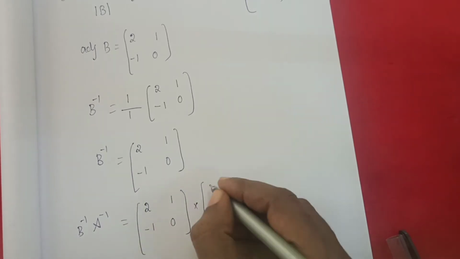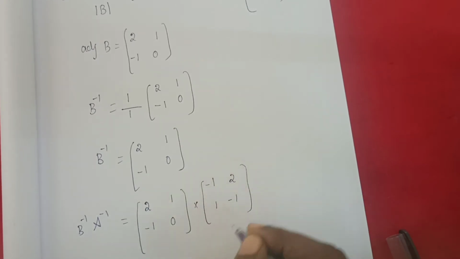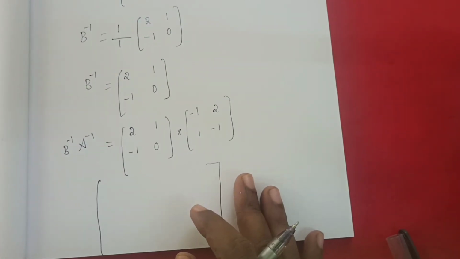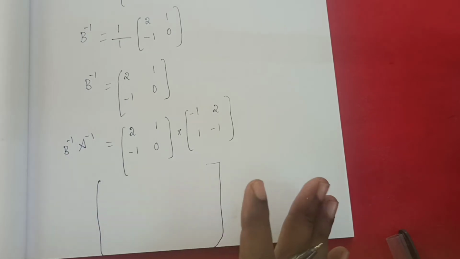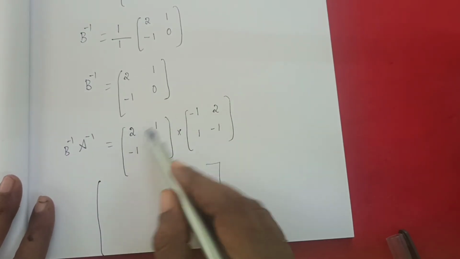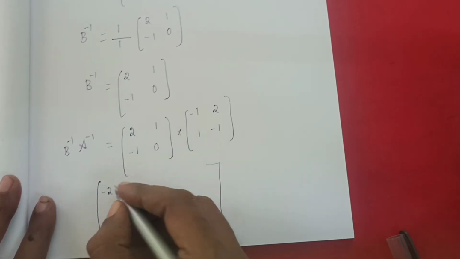A inverse, what's the value? Minus 1, 2, 1, minus 1. Now, if you are expert in finding the product, no problem, no need to put the 7 and all, directly also you can do. So, first row, first column: 2 into minus 1 is minus 2 plus 1.